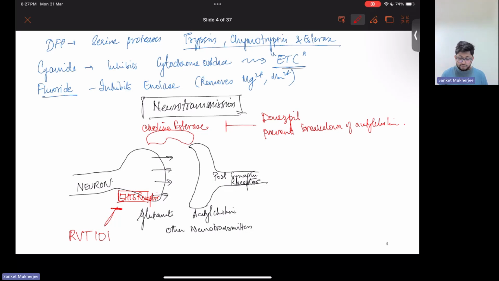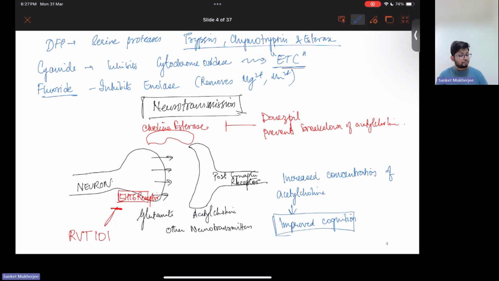Now, if there is an increased concentration of acetylcholine, that leads to improved cognition.